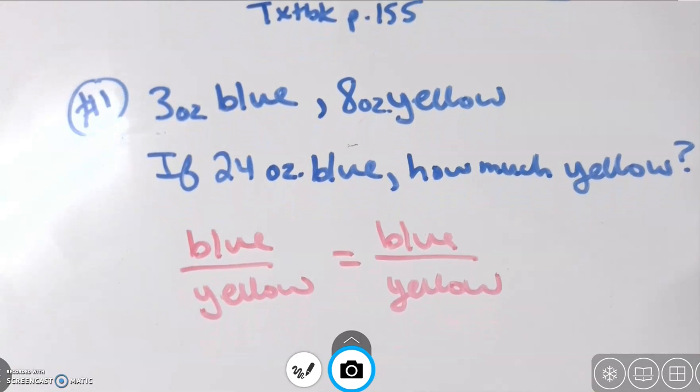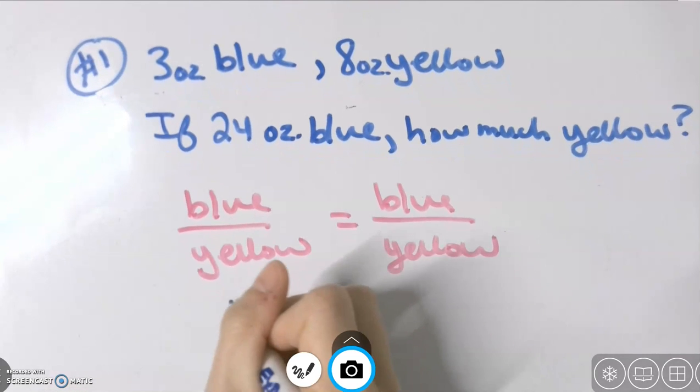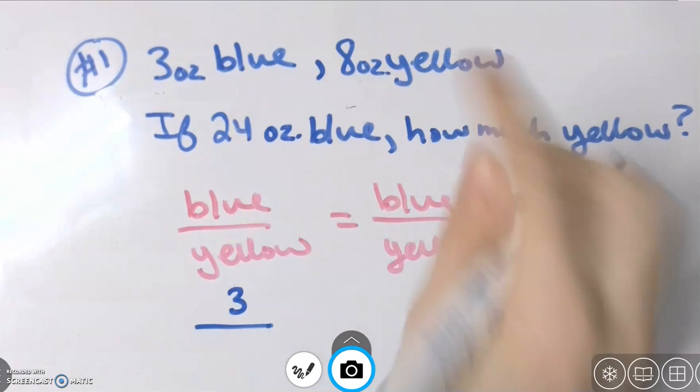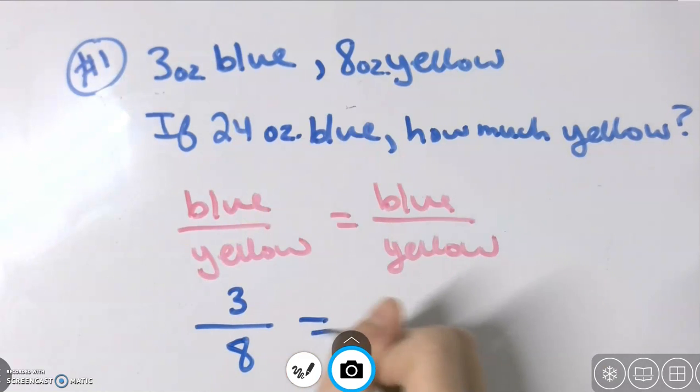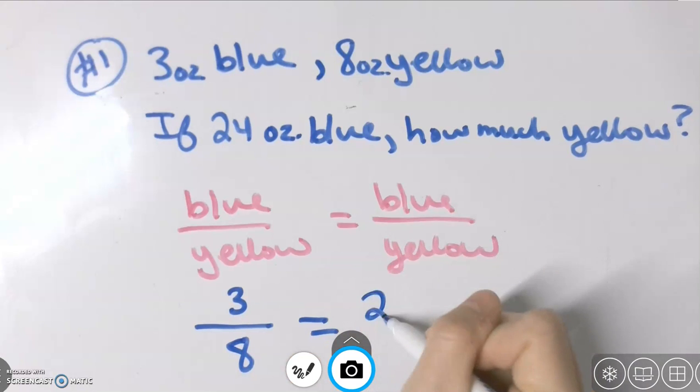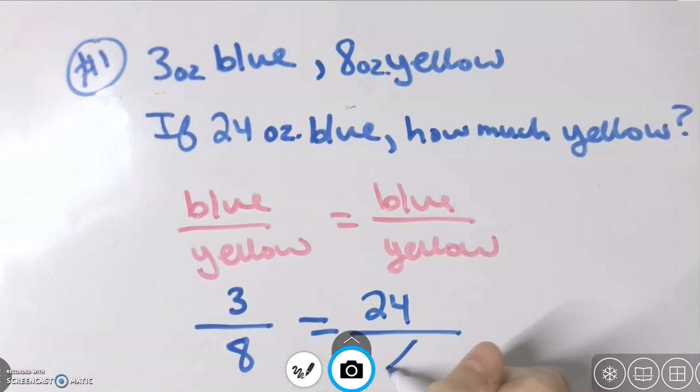Okay, and now I'm just going to fill in. So, blue to yellow, what do I have here? I have 3 ounces of blue over 8 ounces of yellow, and that has to equal what? 24 ounces of blue for how much yellow?